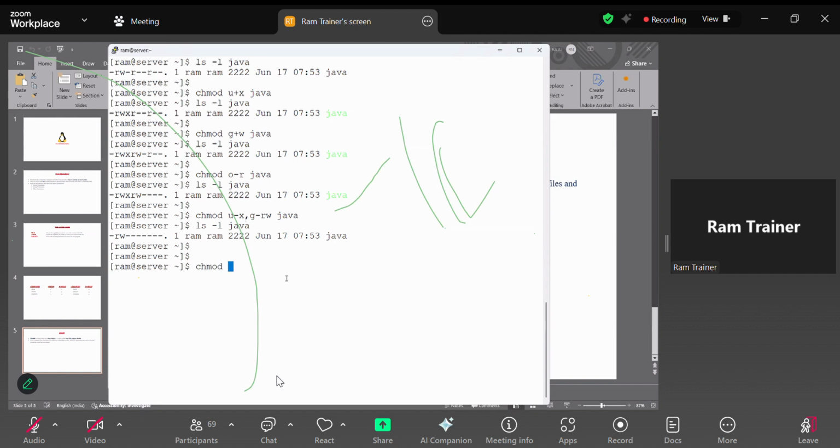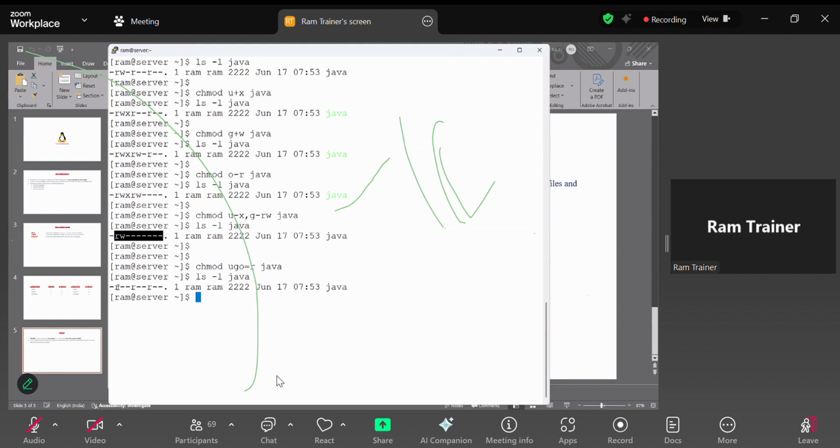Now, if you go for the chmod command, another one: u g o equal to read only of the Java file. Then what is the meaning here? Plus means adding permissions. Minus means removing permissions. And equal means to override the permissions. I mean existing permissions will be overridden with the new one, read.